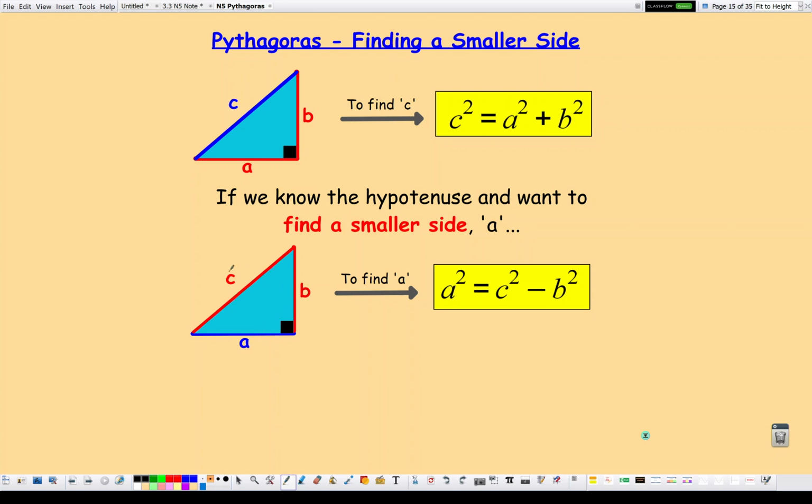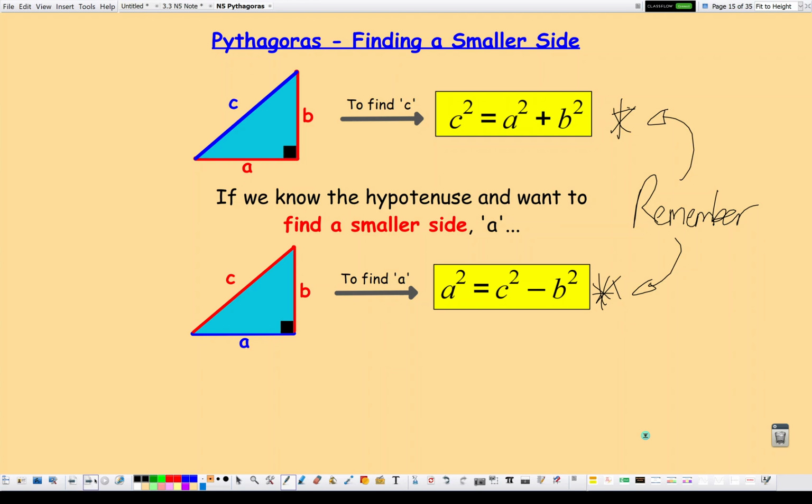Say that we knew what C was and we knew what B was, you just need to rearrange this formula a wee bit and we get a squared, which is one of the smaller sides, is equal to c squared subtract b squared. These two formulas are extremely important, and you do not get given them in the National 5 paper or anything like that.